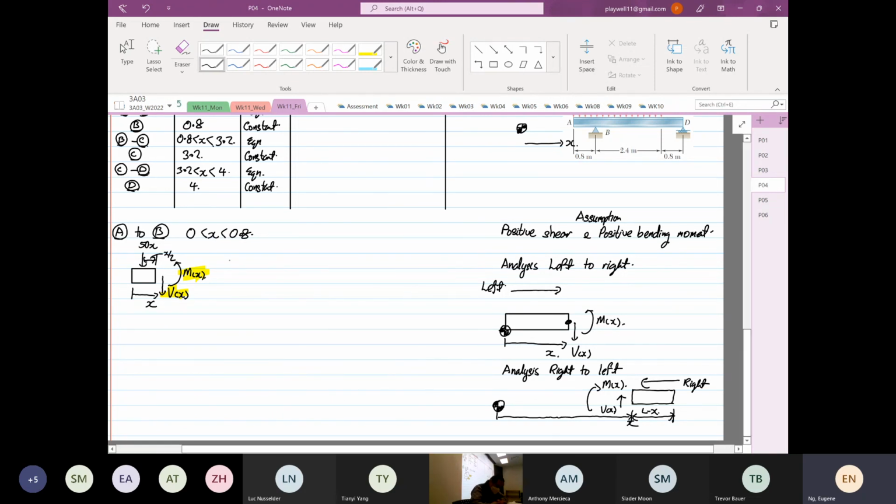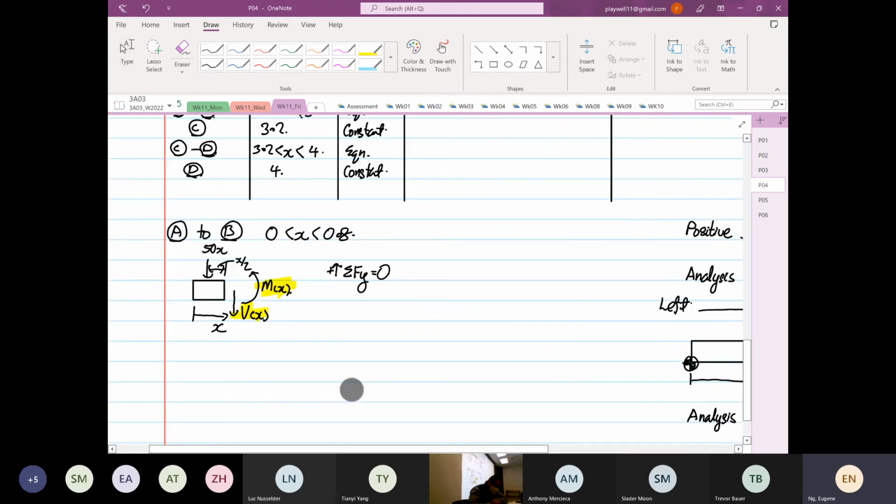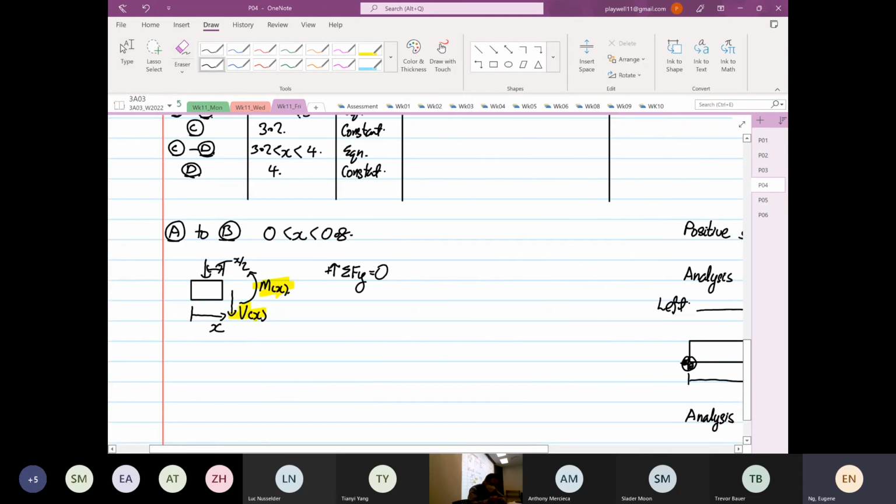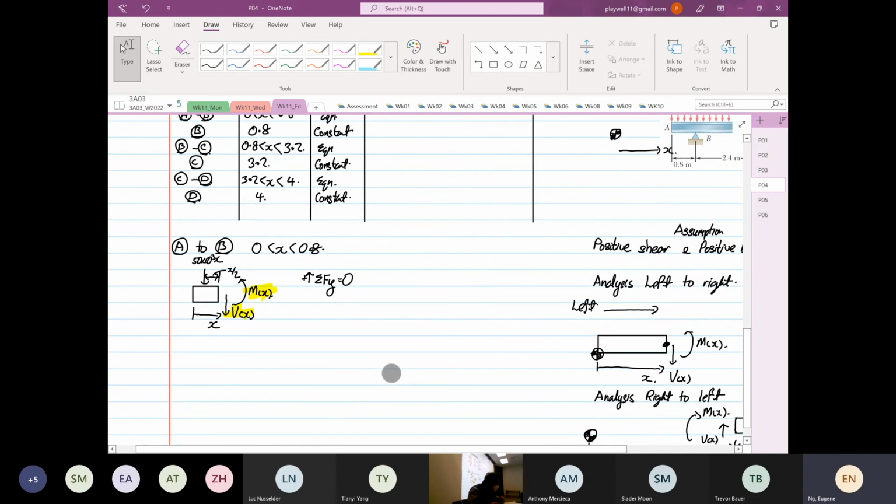So we are going to do static analysis. Positive is going up. The summation of forces is equal to 0. I do apologize, this is not 50. This is 50 times 10 to the power 3. So that is our limit.